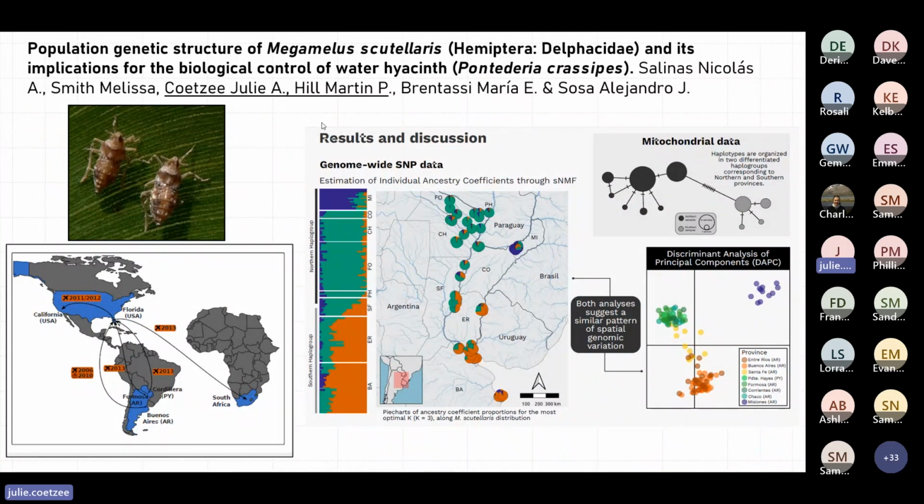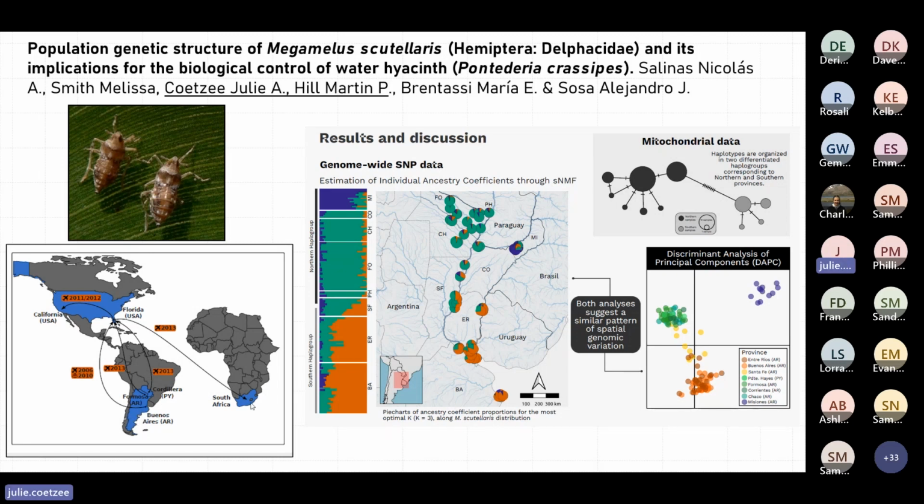If we're looking at post-release evaluations, Megamelis, the water hyacinth hopper, has been released in the US. It's also been released in South Africa. Nicolas Salinas is based in Argentina, and he's looked at the genetics because the US imported a consignment of Megamelis from Paraguay, which is very different from the original consignment brought in from Buenos Aires.